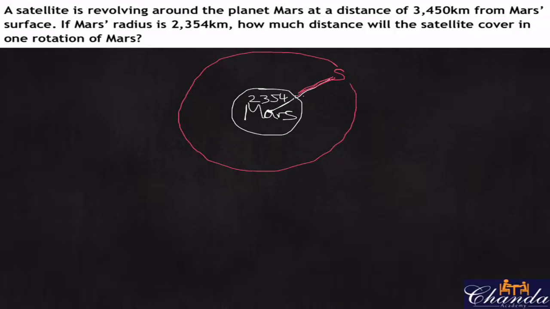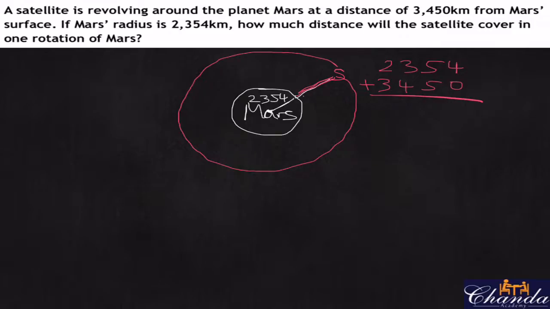So that's the distance that it's covering. So the space that the satellite is covering has a radius of 2354 plus 3450. See how it makes it a lot easier to understand this particular type of question after you've drawn it?